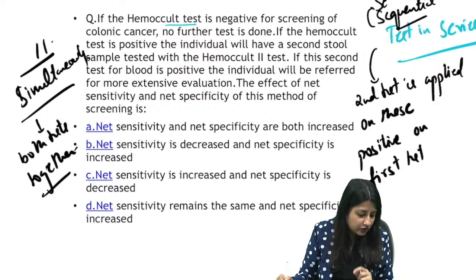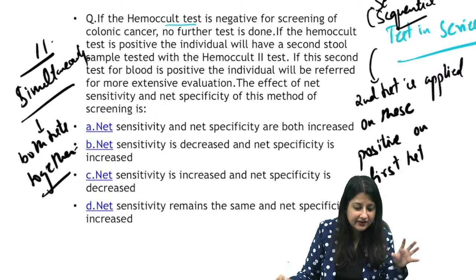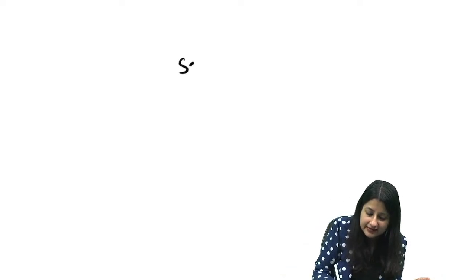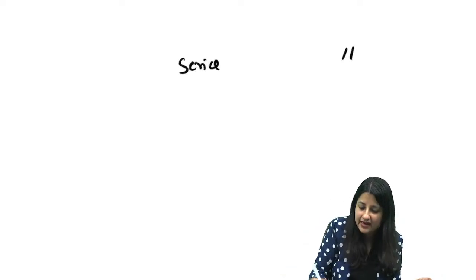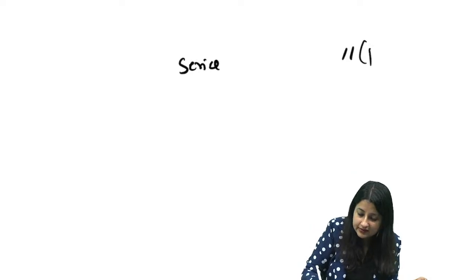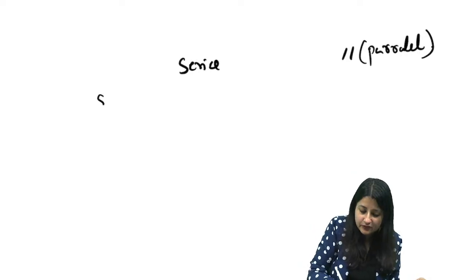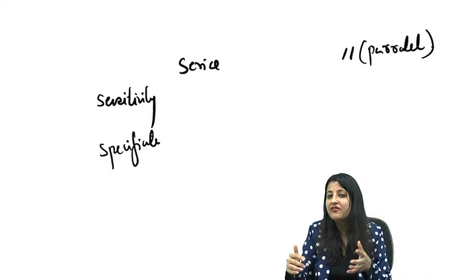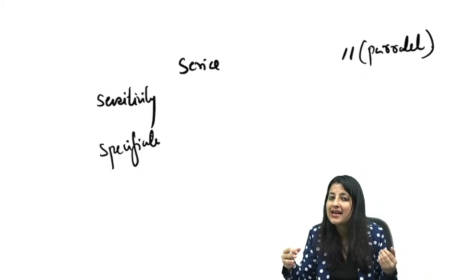So what happens to sensitivity and specificity when tests are applied in series and parallel? Please remember, if you are applying the test in series and if you are applying the test in parallel, just try to remember it like that. In series, what happens to sensitivity, and in parallel, what happens to sensitivity? In series, we are applying one after the other, so we'll be able to filter out less number of people.